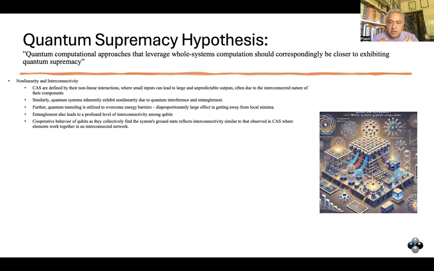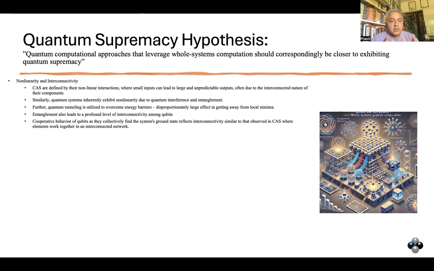Again, the key distinguishing point being that if the quantum system can operate beyond a certain threshold where many of the qubits are simultaneously exhibiting these CAS properties, then the likelihood of displaying supremacy is going to be higher.